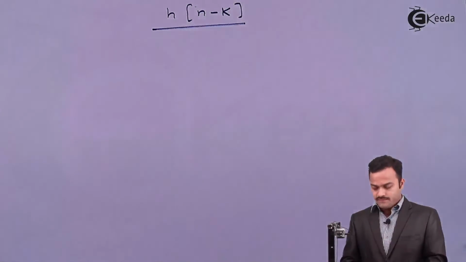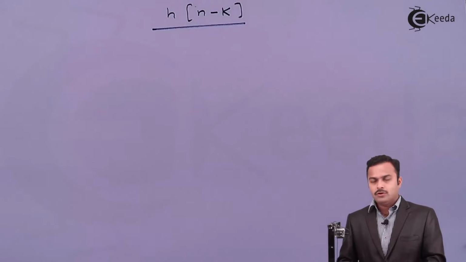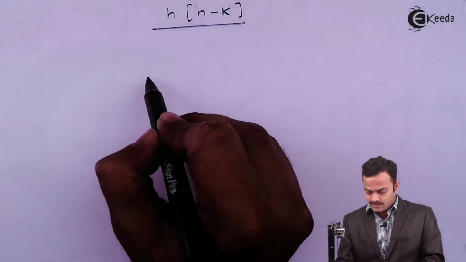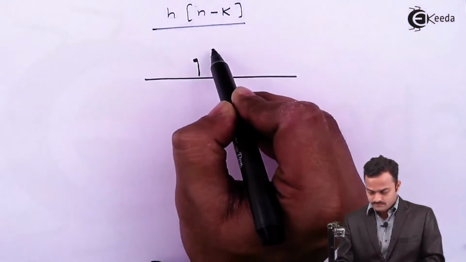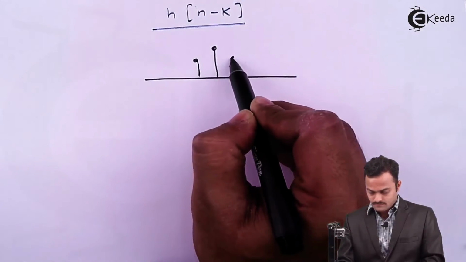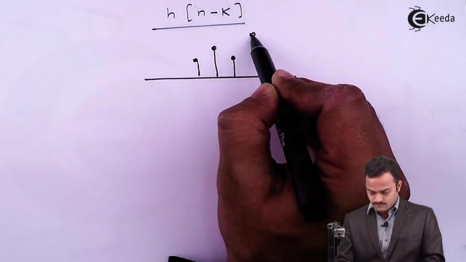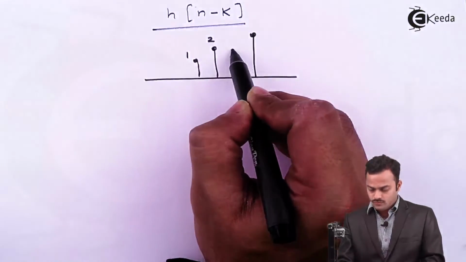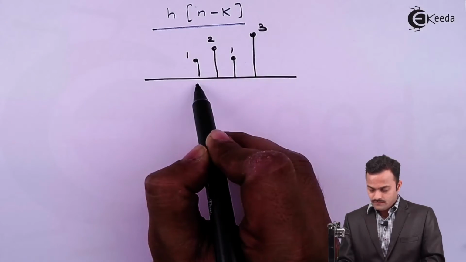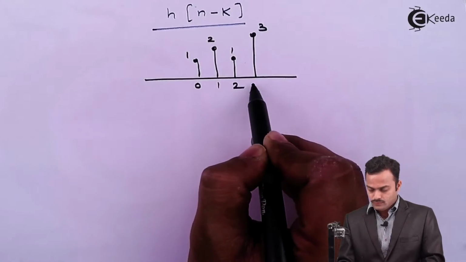Remember, this h of n minus k will be obtained by shifting h of minus k. So let's consider I have one random sequence like this, having the values 1, 2, 1 and 3 for instants 0, 1, 2, 3.